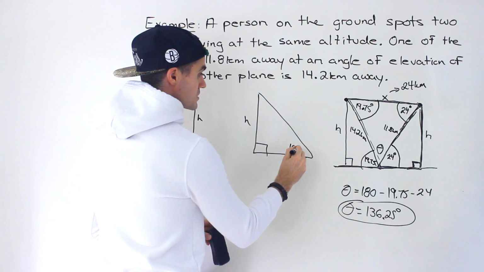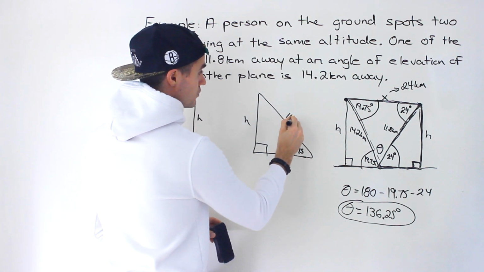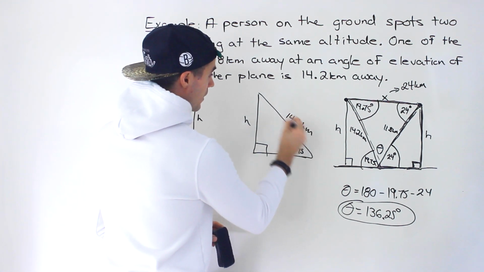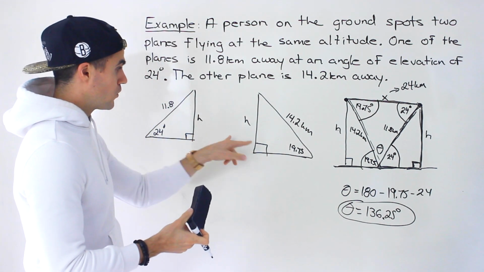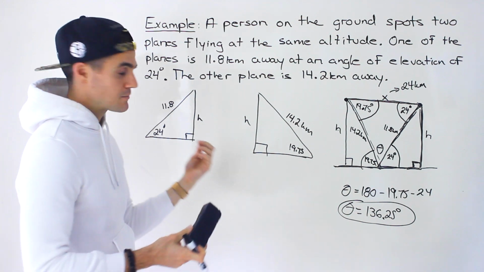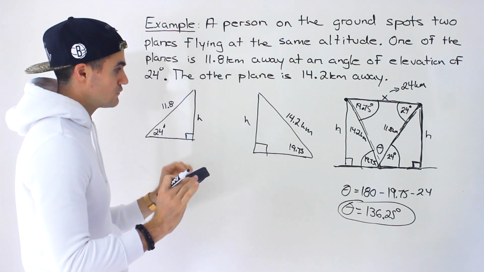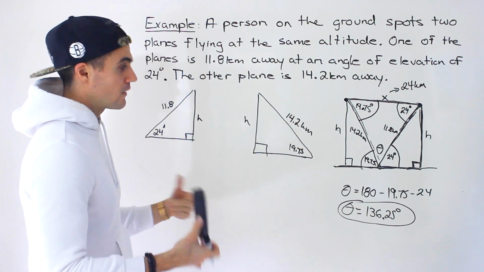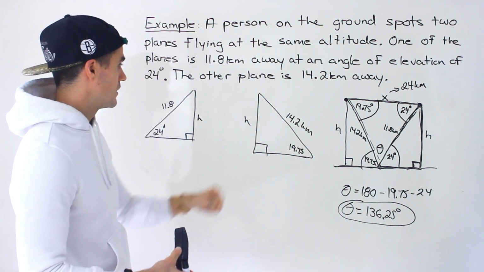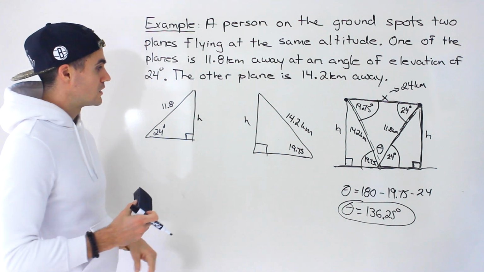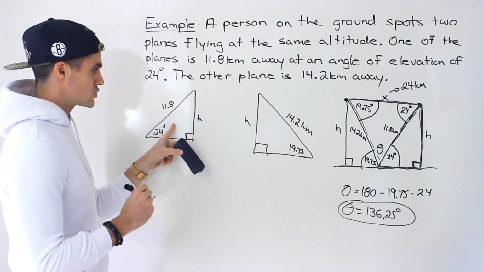We would have 19.75 degrees, and then we got the 14.2 kilometer hypotenuse. And again, no matter which one you solve with, the h value should be the same. Again, there might be slight differences in the final answer because of the rounding that we did when finding the 19.75 angle, but you should get something very close. I'm going to use this triangle though.